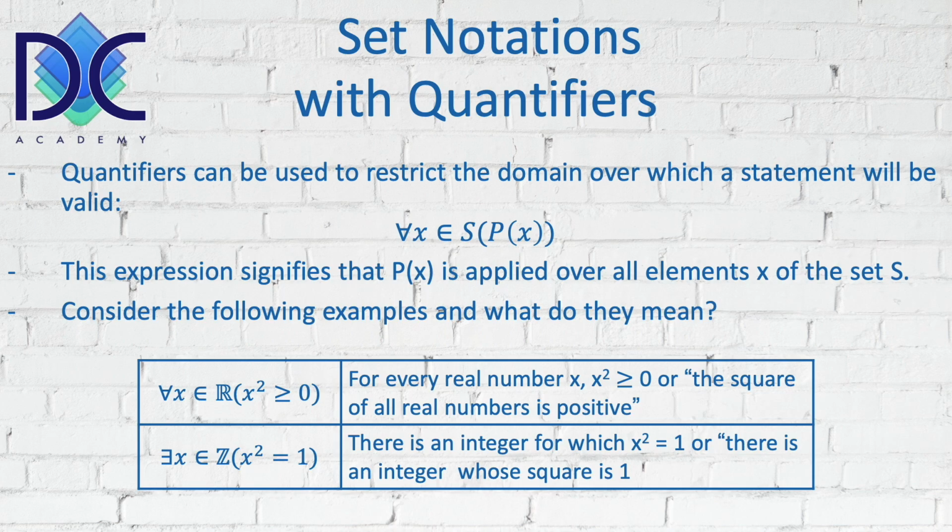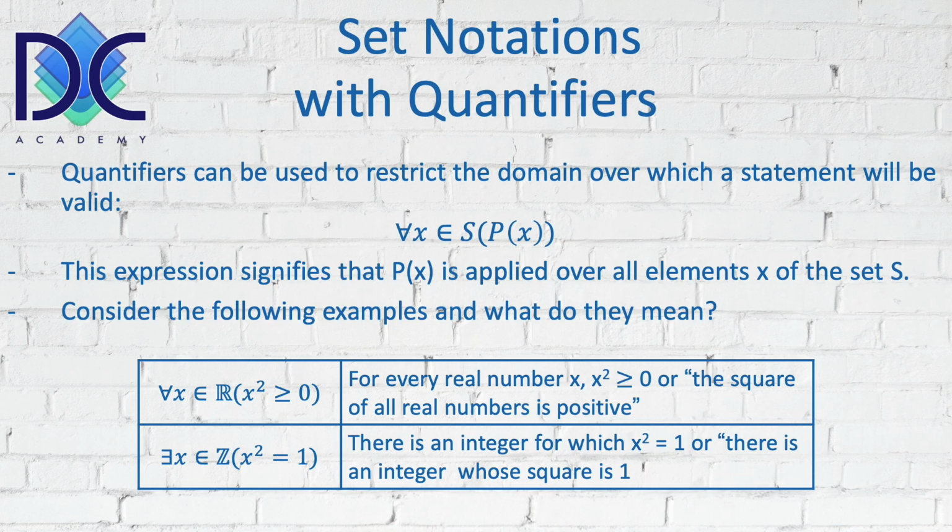Now we can also use the existential quantifier, and we can say that there is a value of x, element of the integers, so x is an integer, for which x squared is equal to 1. And this means that there is an integer for which x squared is equal to 1. And we can find that integer: it is 1. Since we have an existential quantifier, it is sufficient to find at least one example.